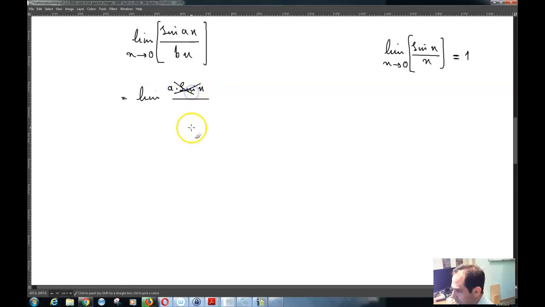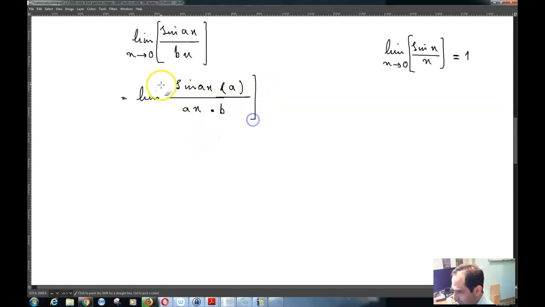That I cannot do. So what I need to do is write this as sine ax, because I need the same angle over here, which is ax. And so I have b over here, and since I multiplied by a in the denominator, I have to multiply by a in the numerator as well.